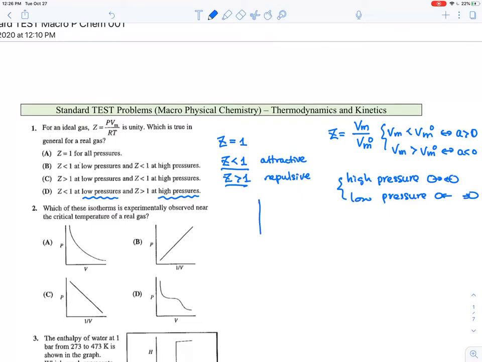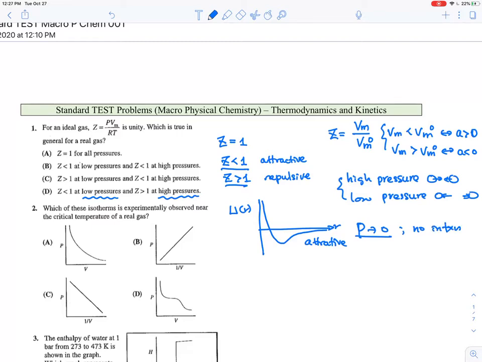So you might remember this interaction potential as a function of distance r between two molecules, and this is what we call attractive. Eventually, at a pressure close to 0 and no interaction, that means an ideal gas.